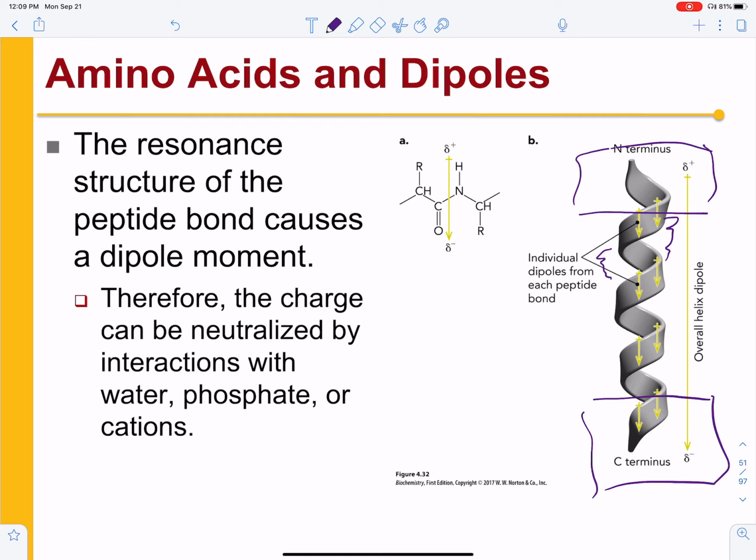Because they're free, those charges aren't covered, and so on the C terminal end of an alpha helix you have a net negative charge, and on the amino terminal end you have a net positive charge.